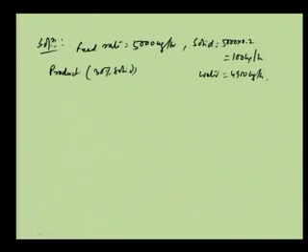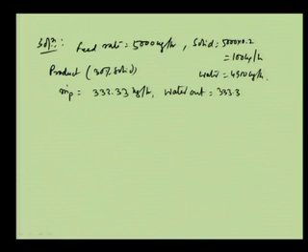So, the mass flow rate of product will be equal to 333.33 kg per hour. So, water out is 333.33 minus 100 for the solute, so 233.33 kg per hour, that is the water out with the product.